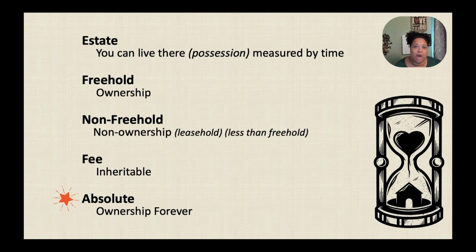There's no reason why it would have to leave your ownership unless you decided to sell it or give it away, or it's taken because maybe you owed somebody some money. One of those liens, perhaps? So ownership forever and ever and ever. That is a fee simple absolute, and it's the strongest way to own a property.